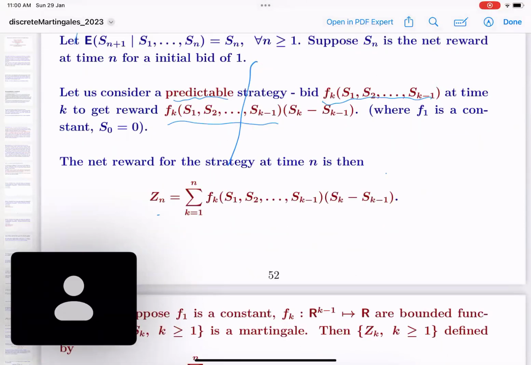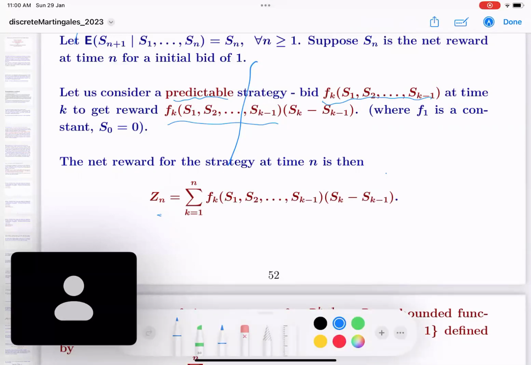Corresponding to a strategic game with strategy F1, F2, ..., Fk, the reward at time n will be Zn. This is a major result from Doob: if to begin with S is a martingale, then any kind of strategic play involving predictable strategies, the expected return will continue to be the same.